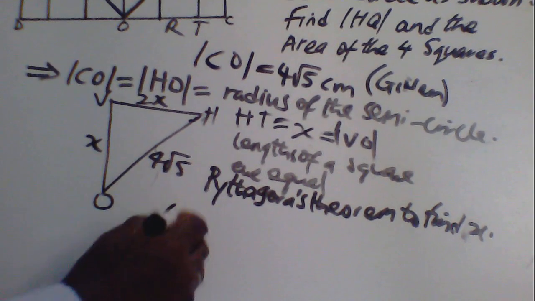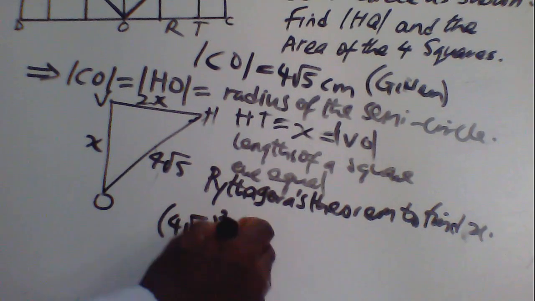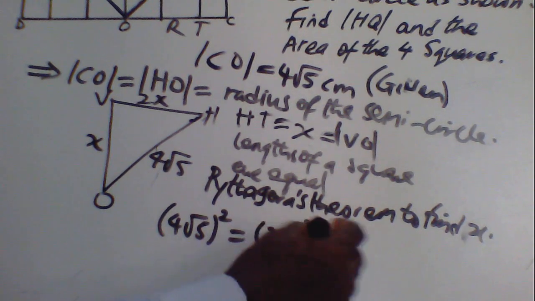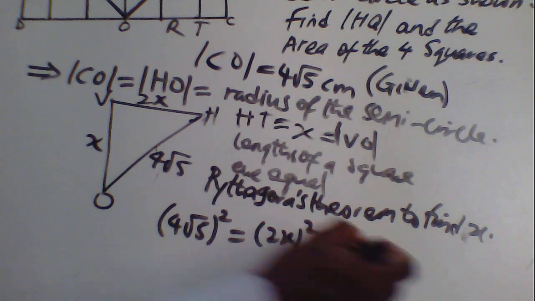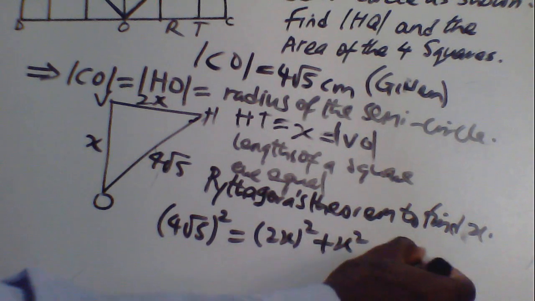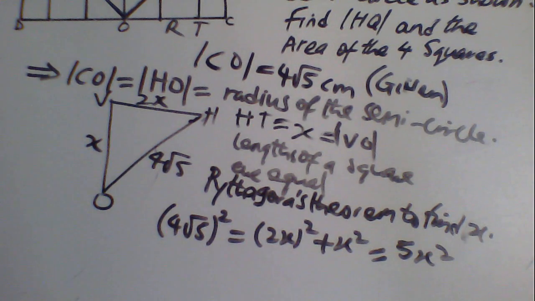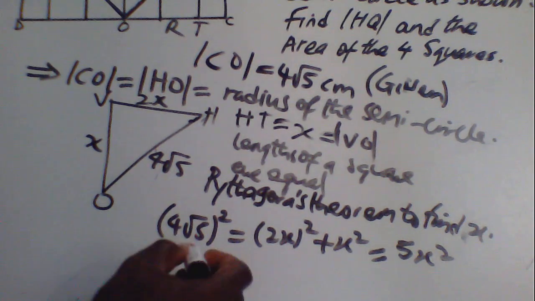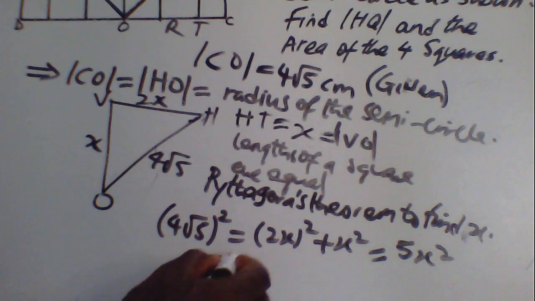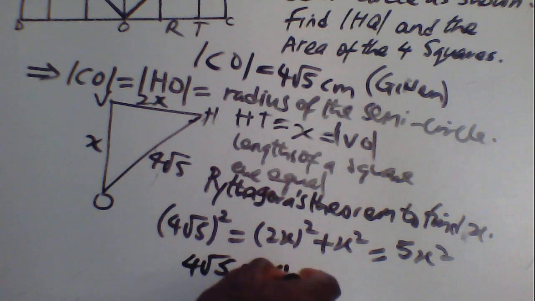So if you use Pythagoras theorem to find X, we have 4 root 5 squared is equal to 2x squared plus x squared, which is equal to 5x squared. So find the square root of both sides. You have 4 root 5 is equal to x root 5.